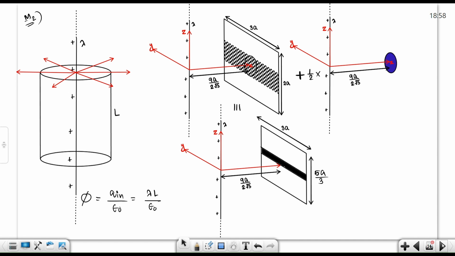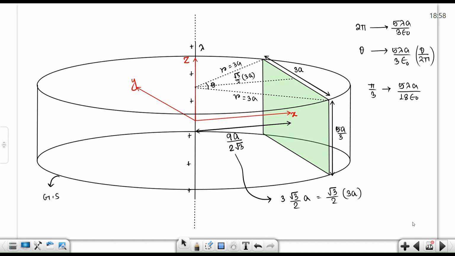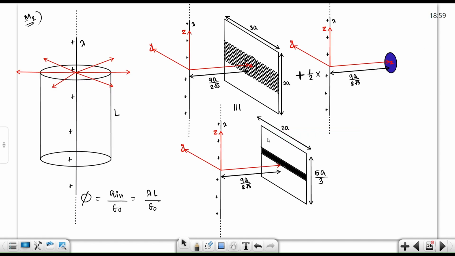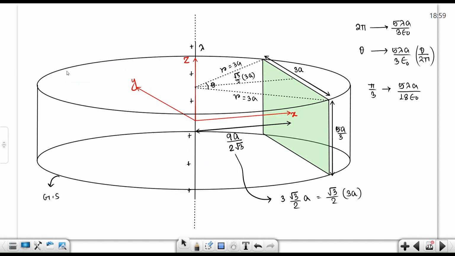Now this is the most important observation, that you are able to take a Gaussian surface around this like this. Okay, so I have taken a Gaussian surface around this area like this, and now the flux through this area and the flux through the curved area behind it will be same, because the same number of field lines are penetrating both the surfaces.